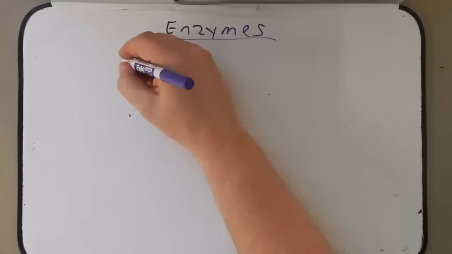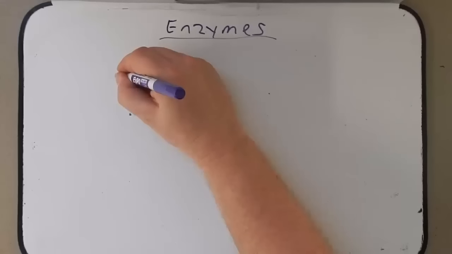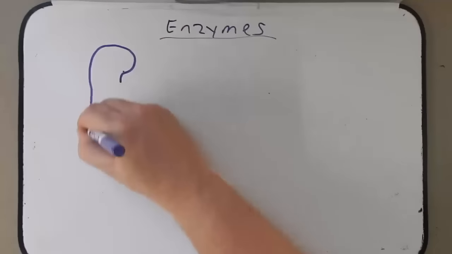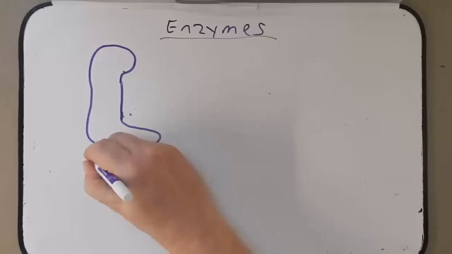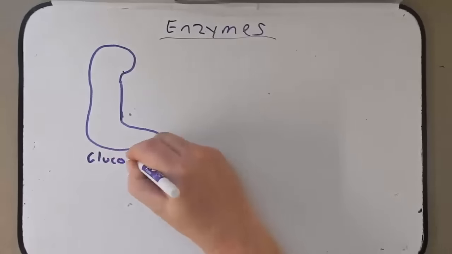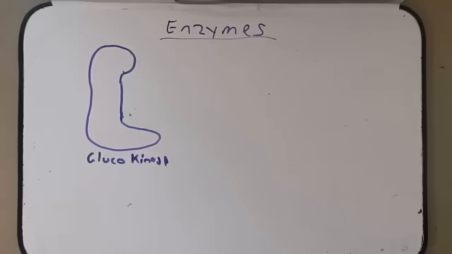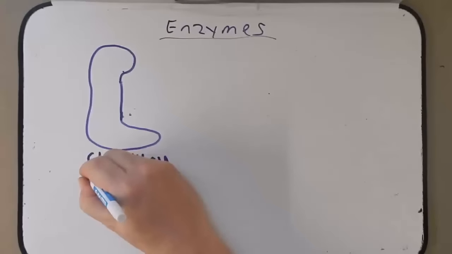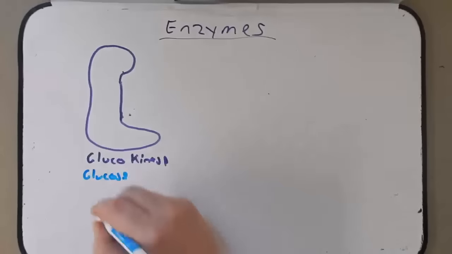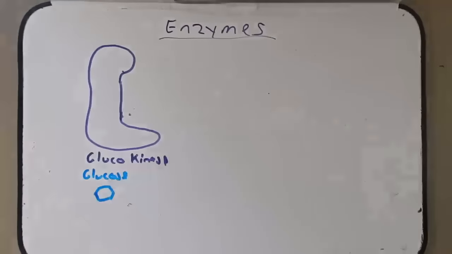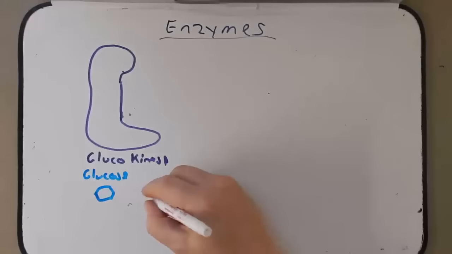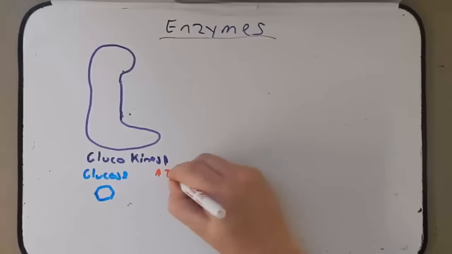And to do this, let's think about a more real-life example. Okay, this enzyme, let's call it a glucokinase. Gluco, because it's going to bind a glucose molecule, which we're going to draw like this, and it's going to bind an ATP molecule.